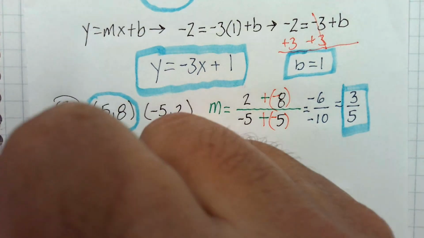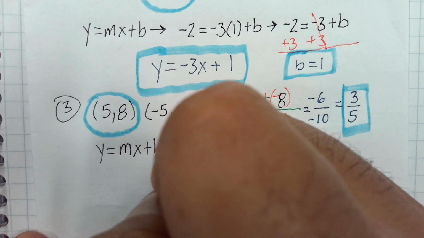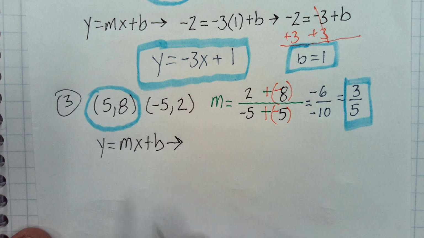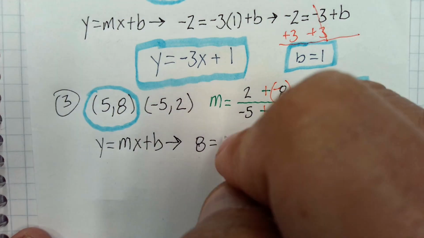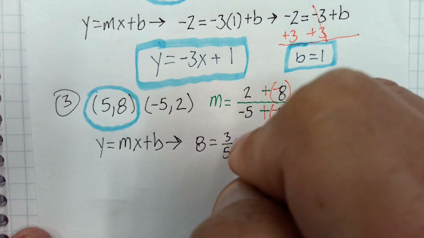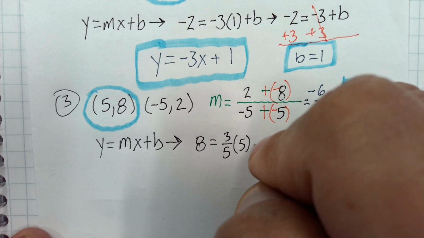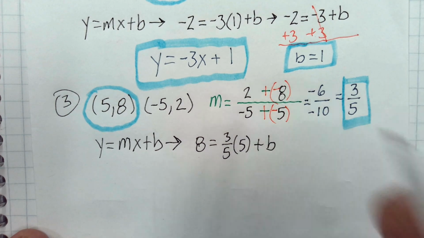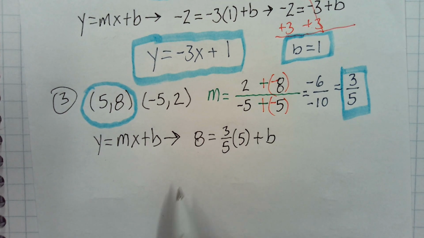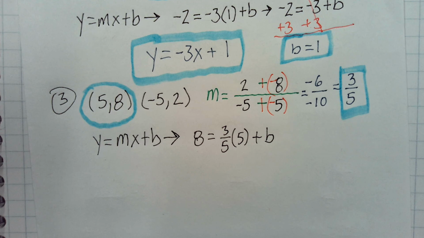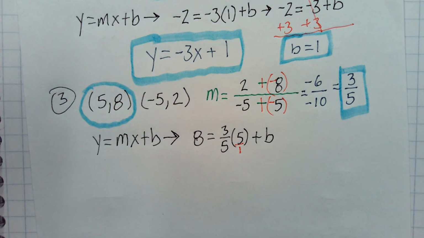Y equals mx plus b. So let's plug it in. Instead of y, we put in the number 8. Our slope is 3/5 times the x, which is 5. So now we have 8 equals 3/5 times 5 plus b, right? I'm going to make that 5 into 5 over 1.